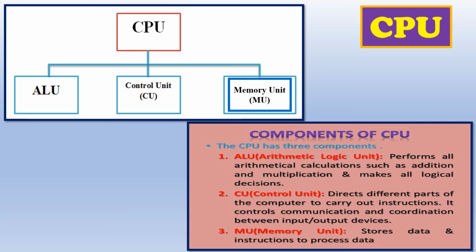CU, that is the control unit. This unit directs different parts of the computer to carry out instructions. It controls communication and coordination between input and output devices. The memory unit stores the data and instructions to process the data. We can also store the data and information in the memory unit.